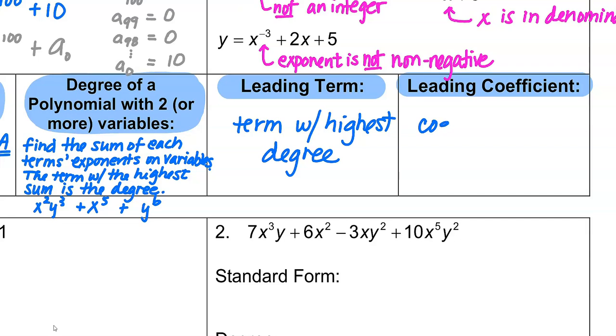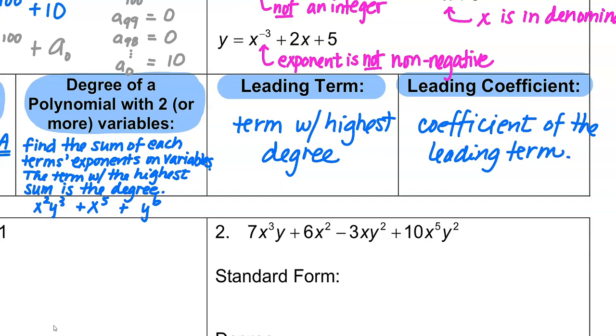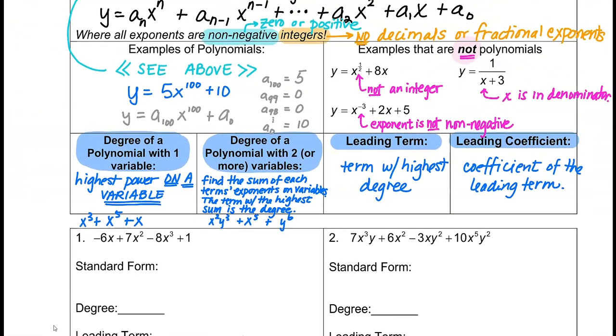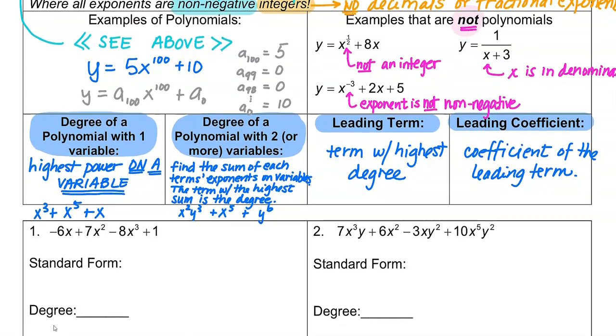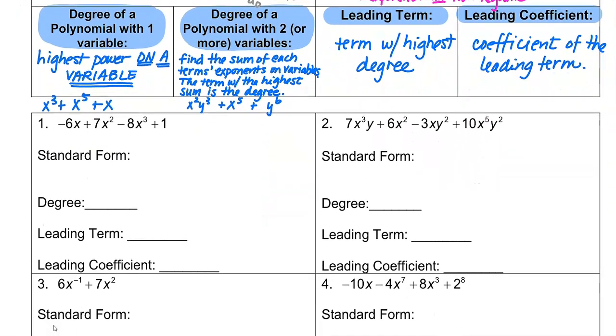Remember, the coefficient is the number in front of the variable. Okay, let's look at the problems down below, because that's where I'm going to work on making sure we understand the different terms.